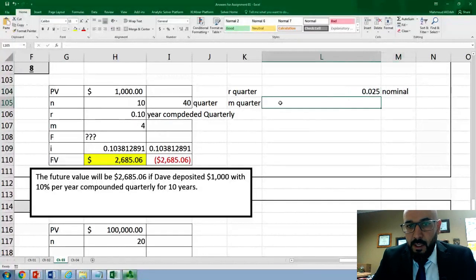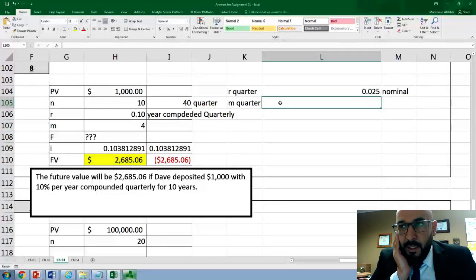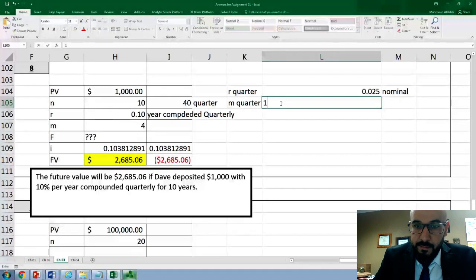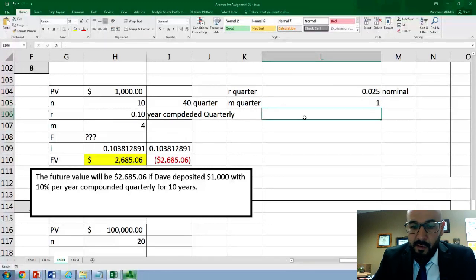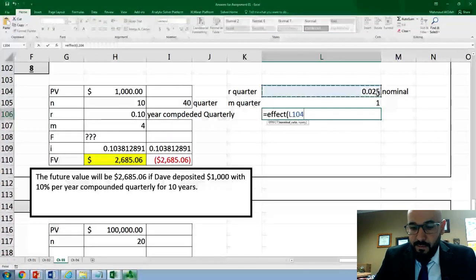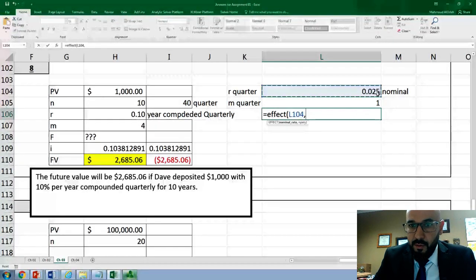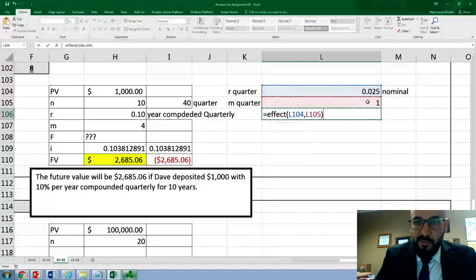Still nominal. How often is the interest rate charged per quarter? So we know this is compounded quarterly. So if we ask ourselves how often this interest rate is charged per quarter, it's 1. So now if you use the EFFECT function for this 0.025 and for 1, it will give you the same thing.